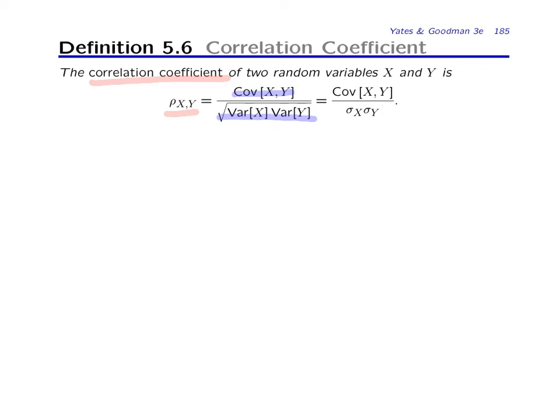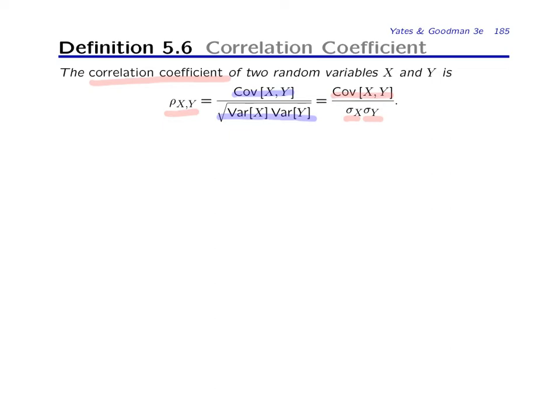And of course, the square root of a product is the product of the square roots. And the result is this rho is the covariance of x and y divided by the standard deviation of x and divided by the standard deviation of y.